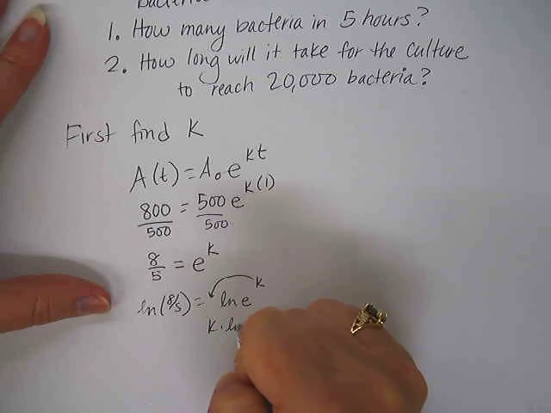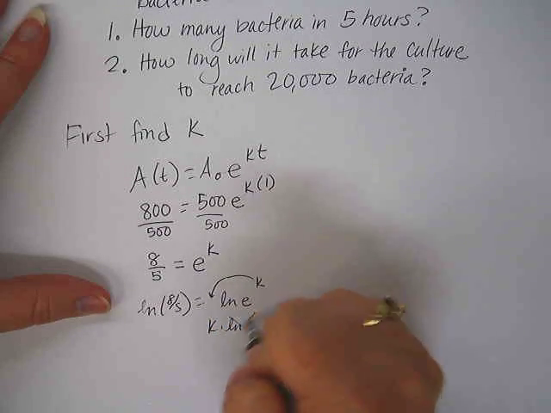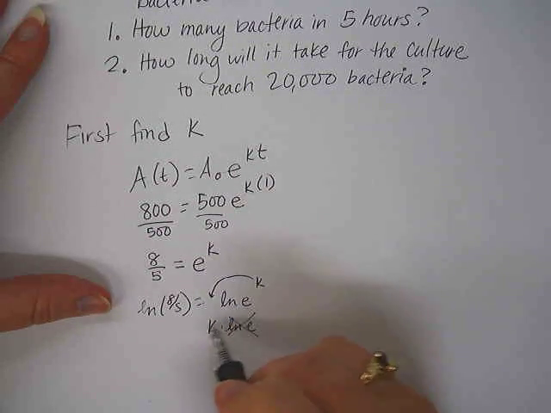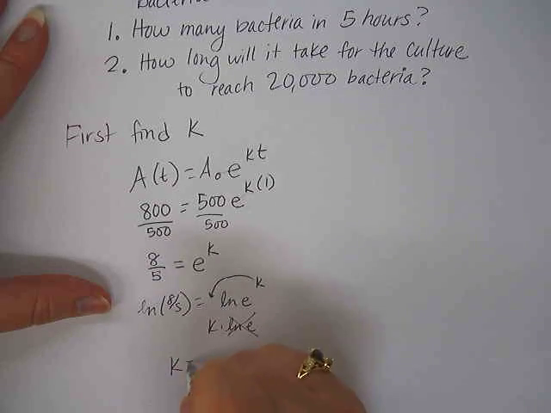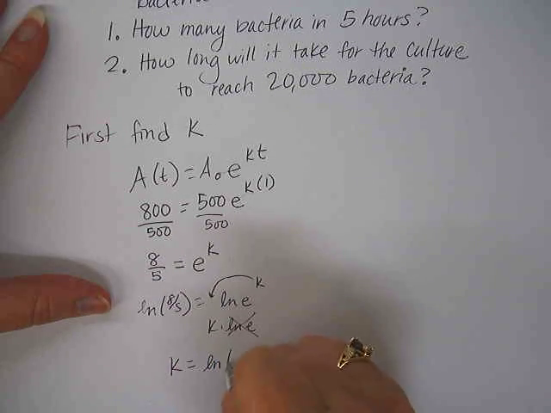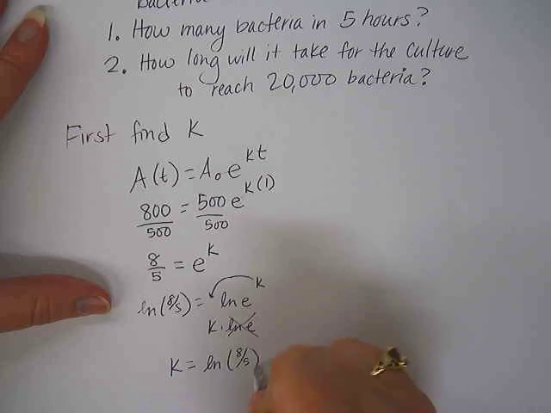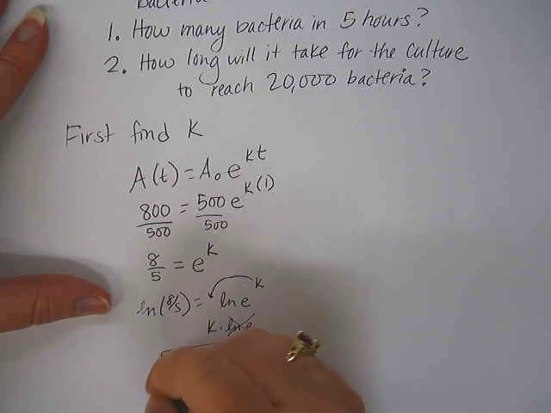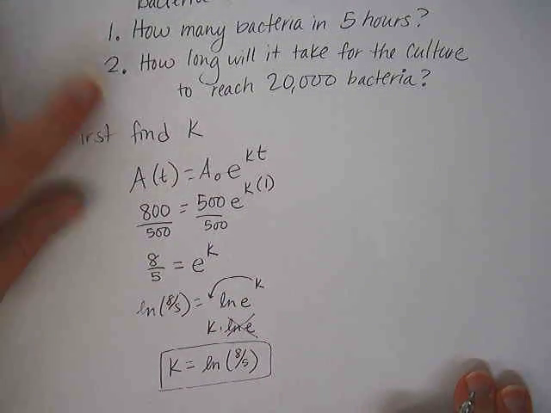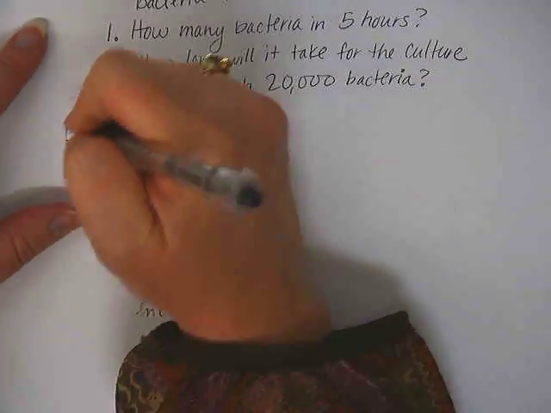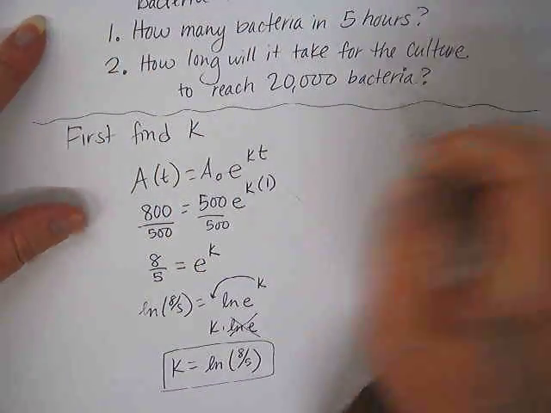Then that k can move out to the front, k times the natural log of e, and of course the natural log of e is just 1, so 1 times k is simply k. Therefore, k is the natural log of 8/5. That's the value we can use in the two problems that we need to find.